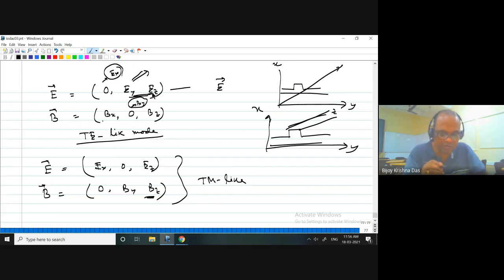It is small, but you cannot ignore it. If it is almost negligibly small, then it is nearly a TE mode, so instead of TE mode we just call it a TE-like mode. That type of solution you normally get. Even for a silicon waveguide, we will see that the fundamental mode, the first-order mode, is designed such that you get this type of situation.